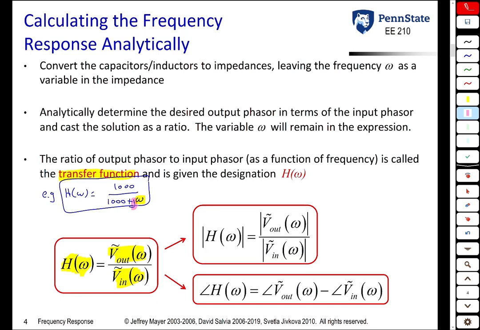What we're going to be creating, and we'll see this in subsequent pages, is what we call the magnitude response. That is the magnitude of this transfer function. This is called a magnitude response. And a phase response, which is going to be the phase of this output function.